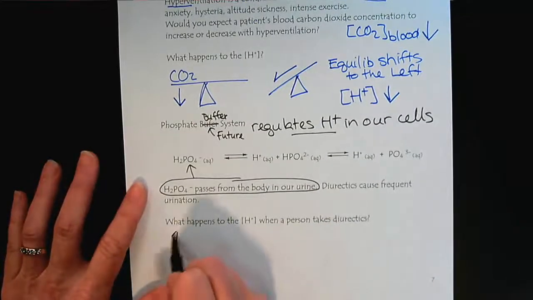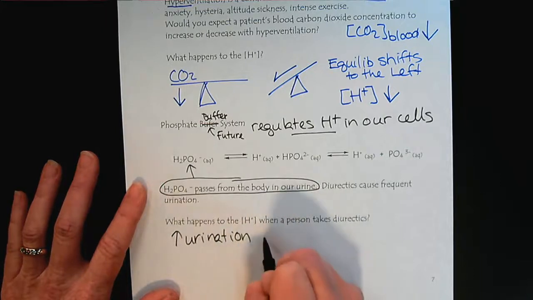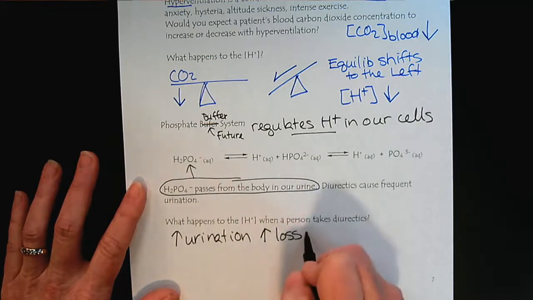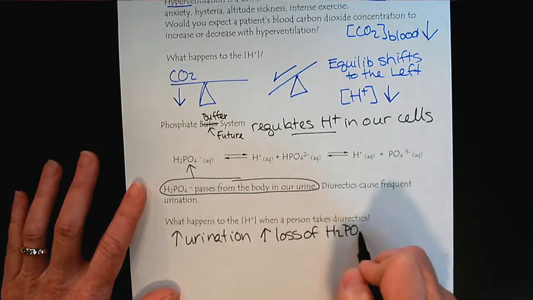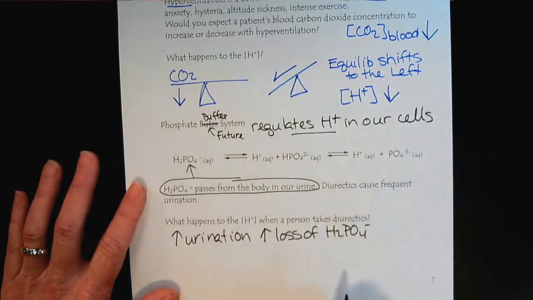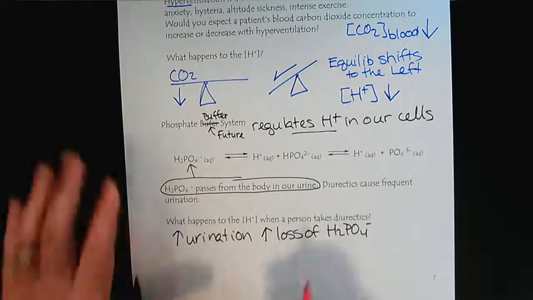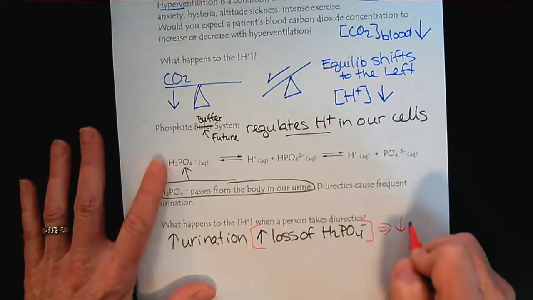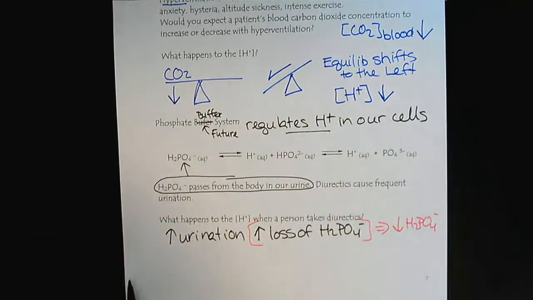It increases the urination, and so that increases the loss of the biphosphate, or the dihydrogen phosphate. So basically, if we're increasing the loss, that means we're decreasing our dihydrogen phosphate concentration.